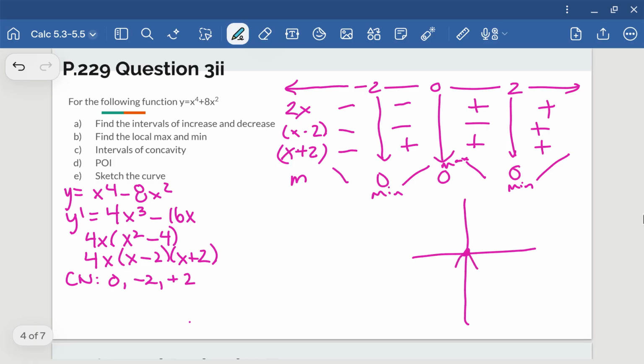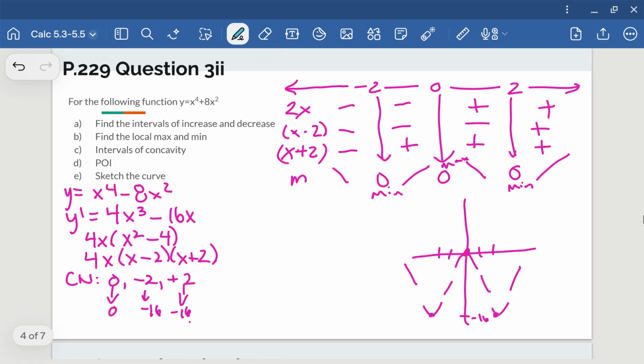I know at the points negative 2 and 2, with y equal to negative 16 once I plug them in, I have my minimums. So if this point down here was negative 16, and positive 2, obviously not to scale, I have my minimums. I also can tell that my graph would be negative on this side here, positive over here, negative and positive. But I'm going to fill that in a little bit more in a second.